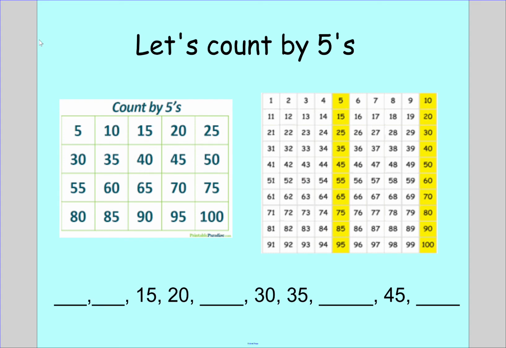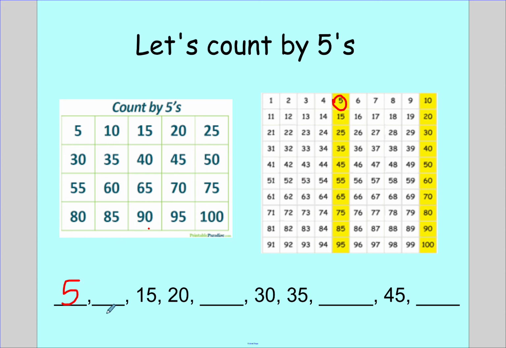Now, if I wanted to use my hundreds chart and challenge myself a little bit, I would only think about the numbers here in yellow that end in 5 or 0. So I'm going to take my pen and I'm going to go to the first number, highlight it, that ends with 5. It's number 5. I'm going to circle it because I'm missing number 5.